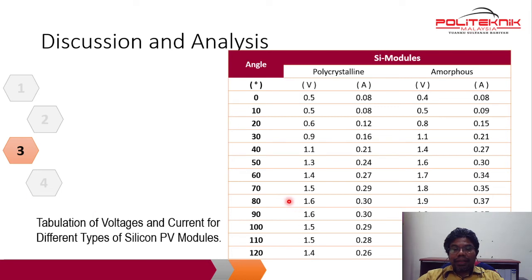Then after 90 degrees, both current and voltage for both types of silicon module drop slightly until the research is conducted up to 120 degrees. Lastly, it is 1.4 for polycrystalline and 1.7 for amorphous.